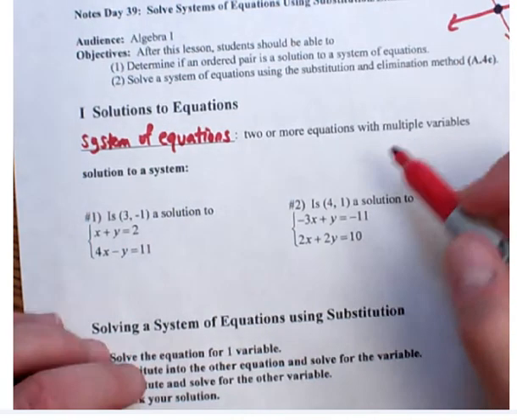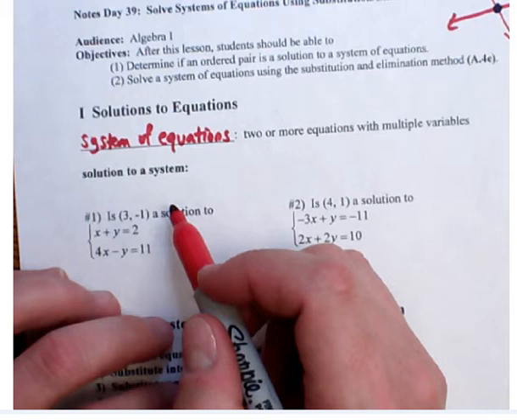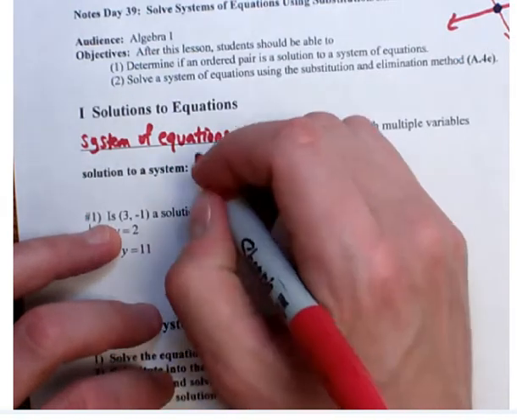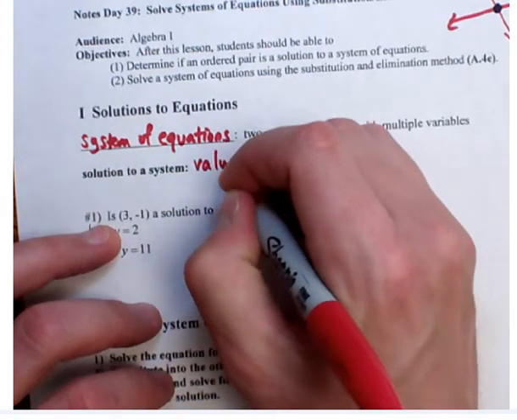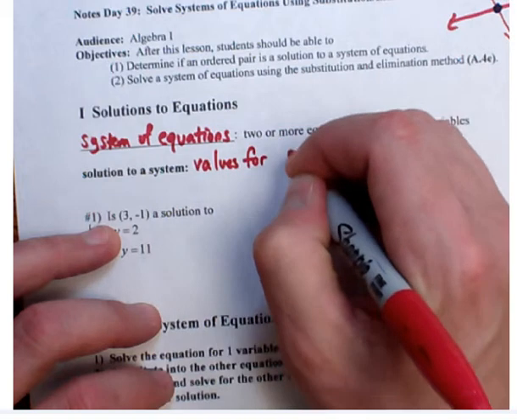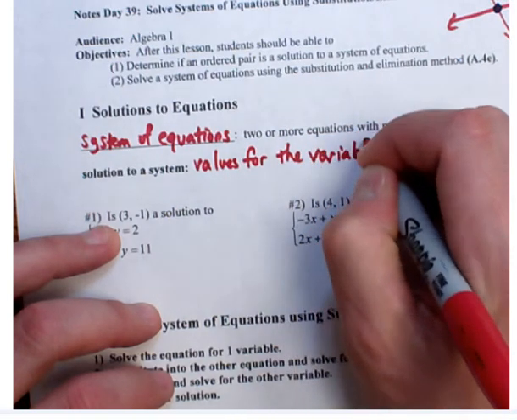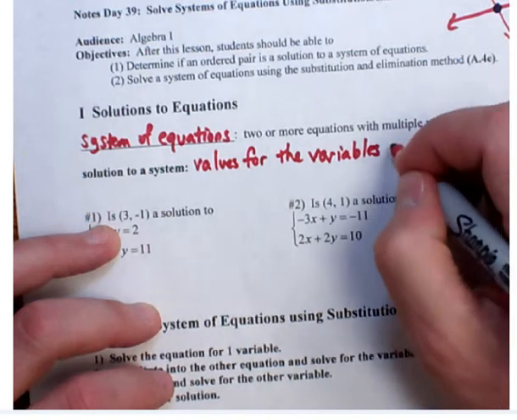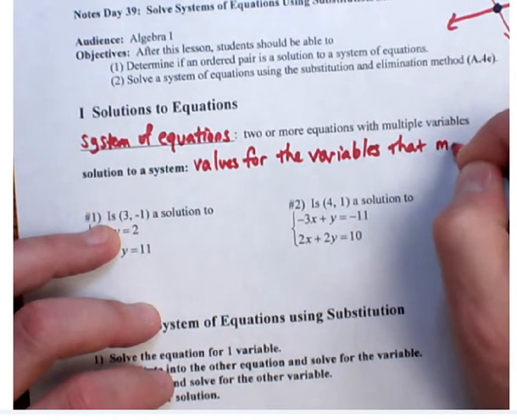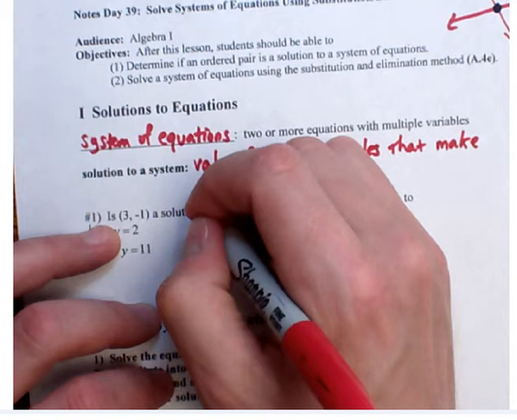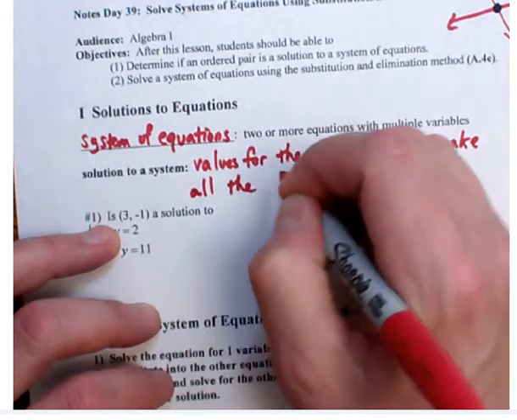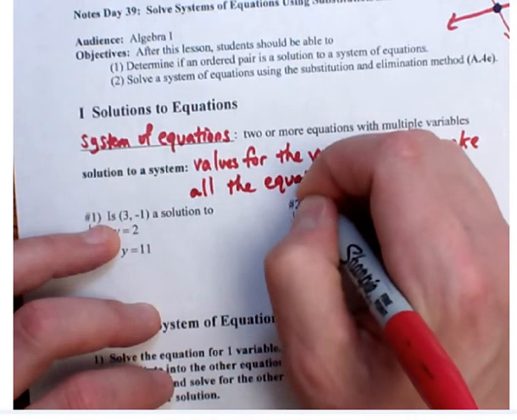Now, what it means to be a solution to a system. A solution is the values for the variables that make all the equations true.